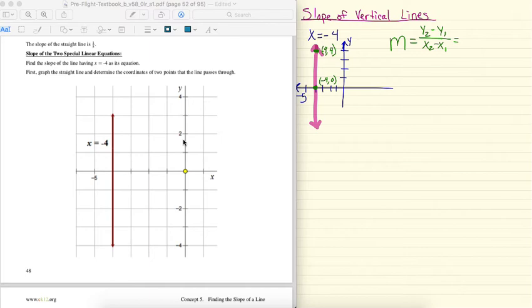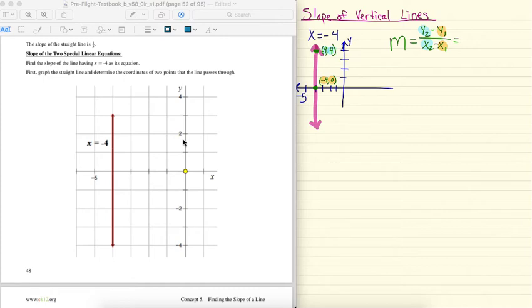So for me, -4, 0 is my first point, and -4, 4 is going to be my second point. So those are the values I'm going to plug in first for the y2 and the x2. And then what I have highlighted in orange is what I'm going to plug in for y1 and x1.